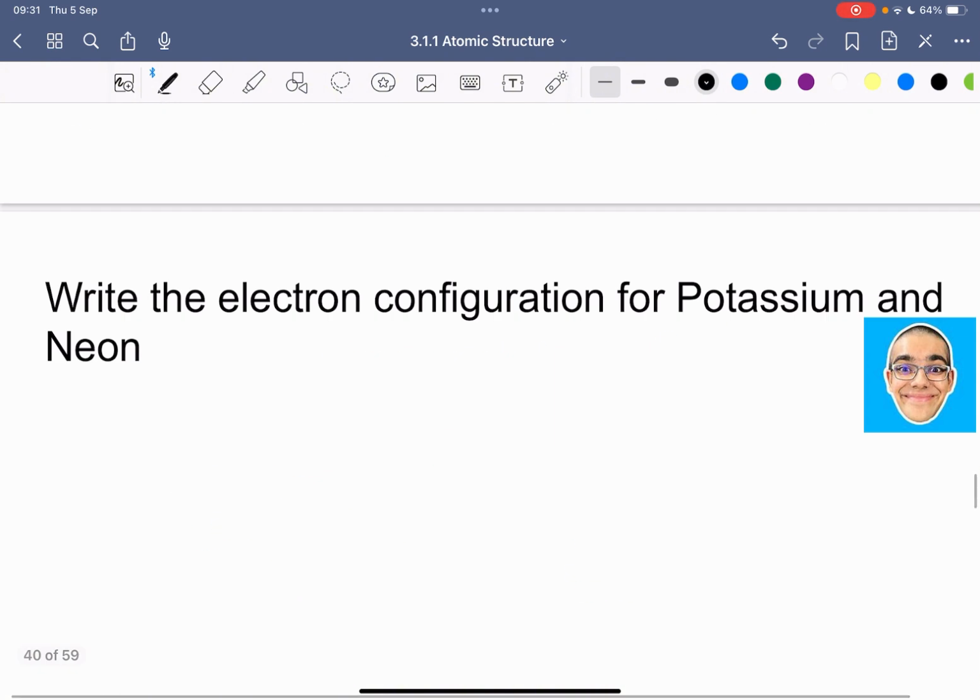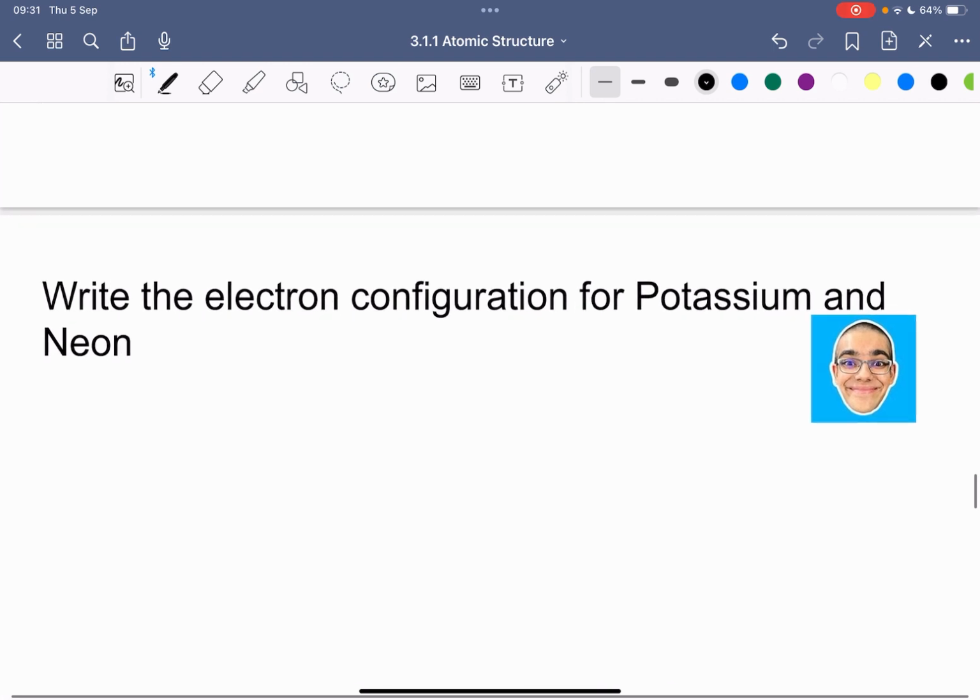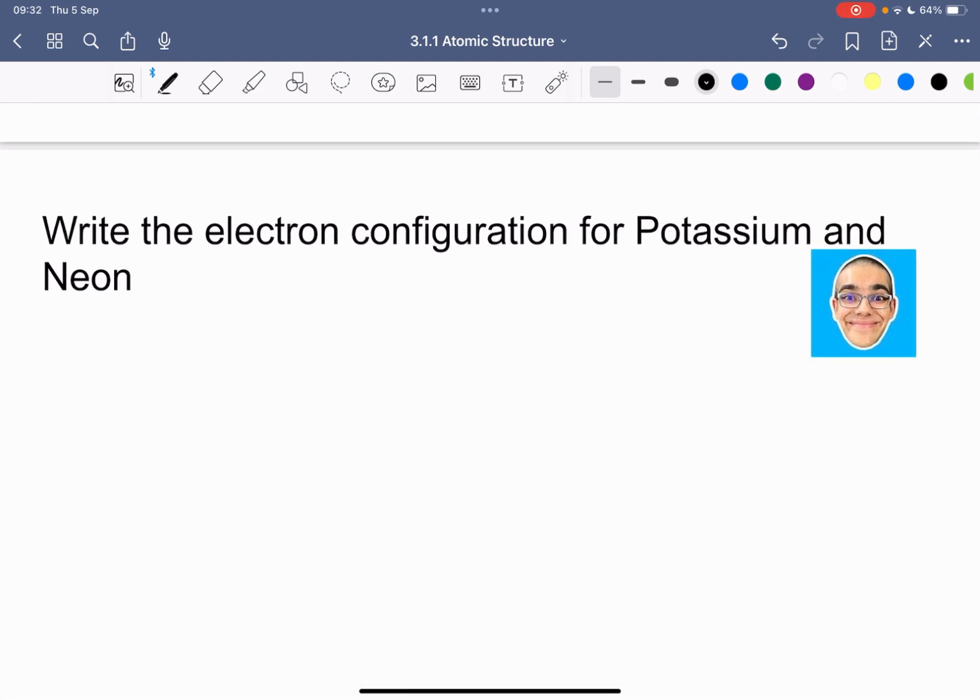Write down the electron configuration for potassium and neon. If you look at the periodic table, potassium has 19 electrons. What we need to do is fill up the orbitals until we run out of electrons.